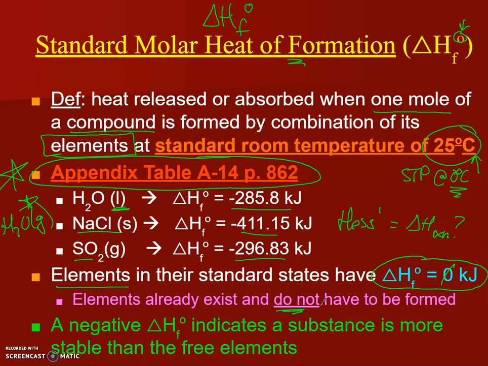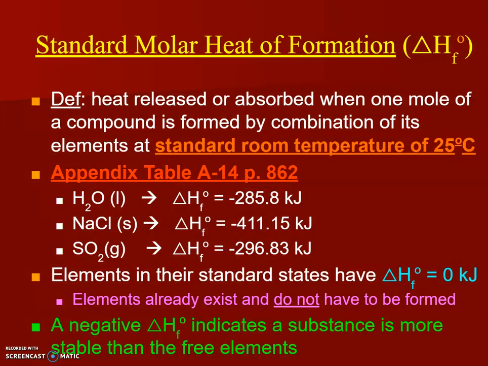They do not have to be formed. You'll also see that the negative value in front of the delta H of formation basically shows that these are all exothermic. They are more stable as compounds than they are as their free elements, which is why we have compounds in the first place, okay? The things joining.